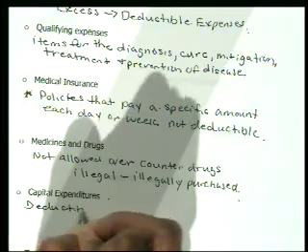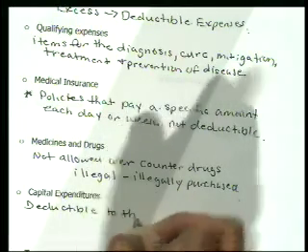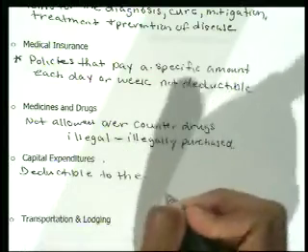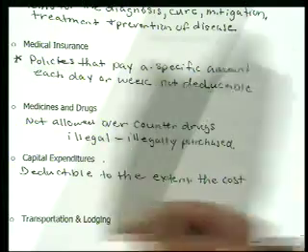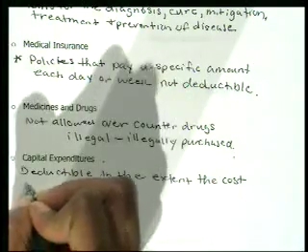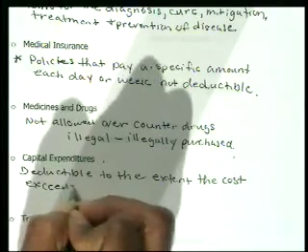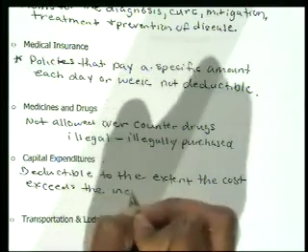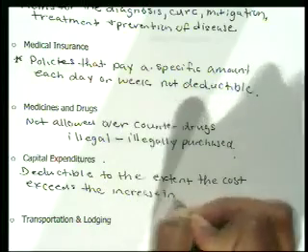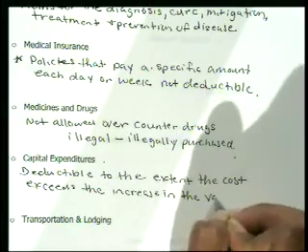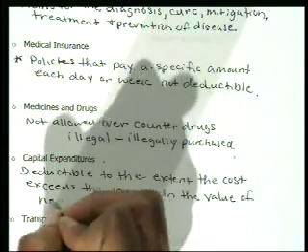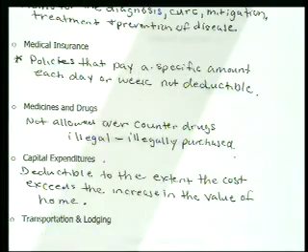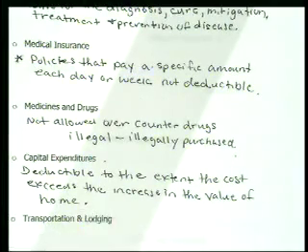I can deduct these capital expenditures to the extent the cost of putting that in exceeds the increase in the value of my home. So there's got to be an increase in the value of the home, and that cost has to exceed it.